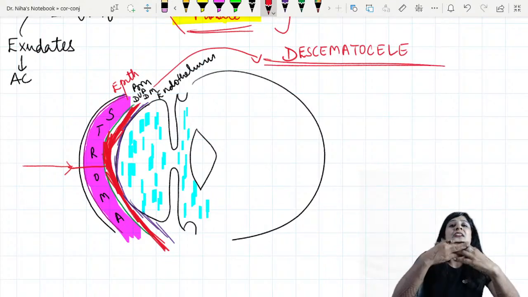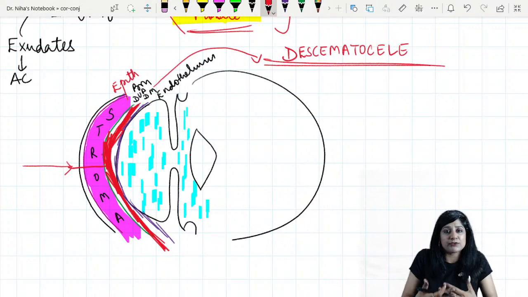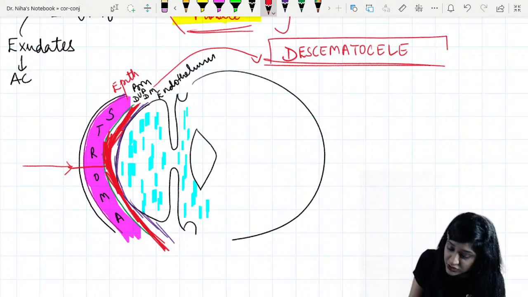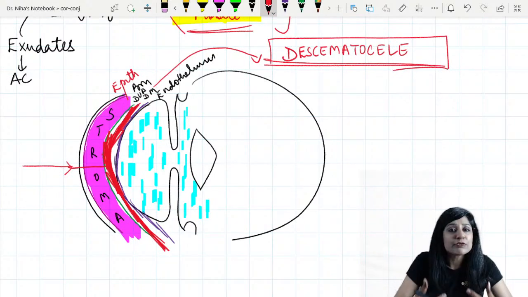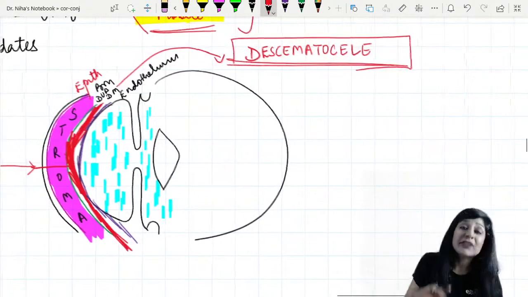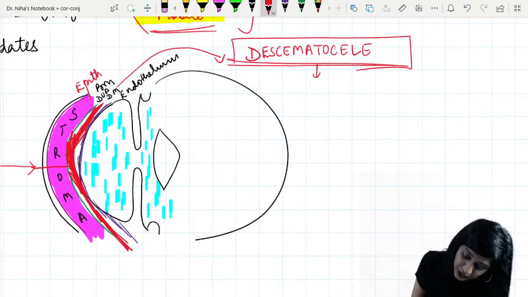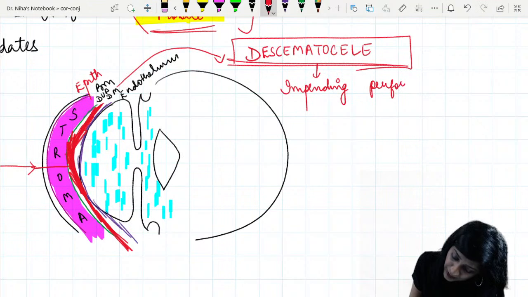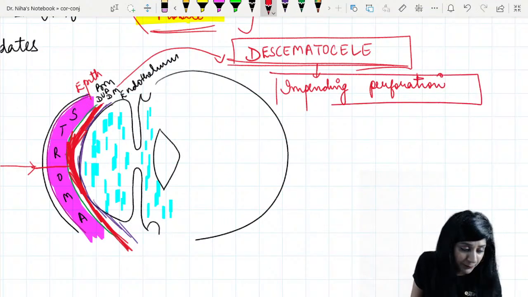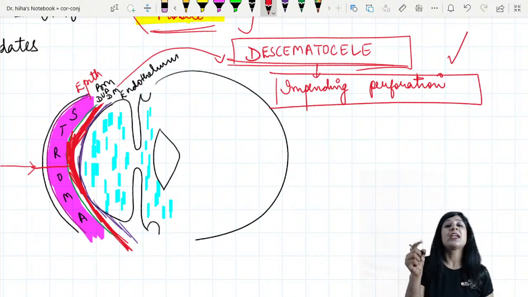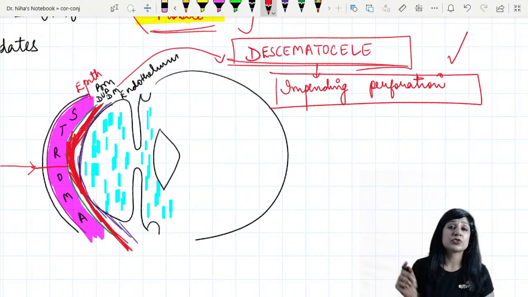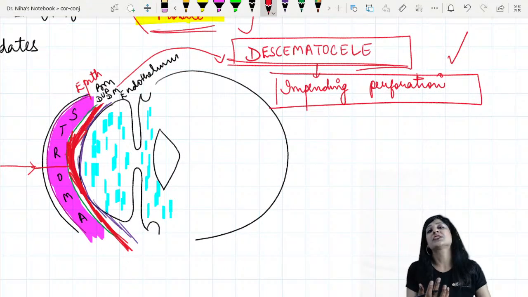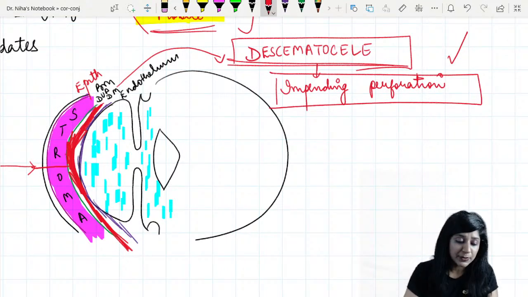Descemetocele means herniation, a cavity kind of thing is formed, which is preventing the perforation. So this is your impending perforation. If I am having problems even at this stage, then it will lead to perforation. That is the quality of Descemet's membrane, impending perforation.